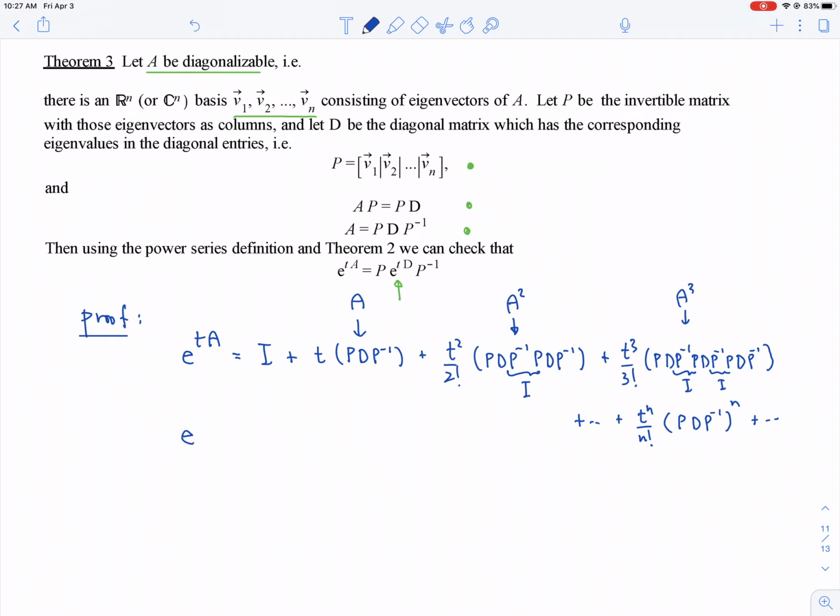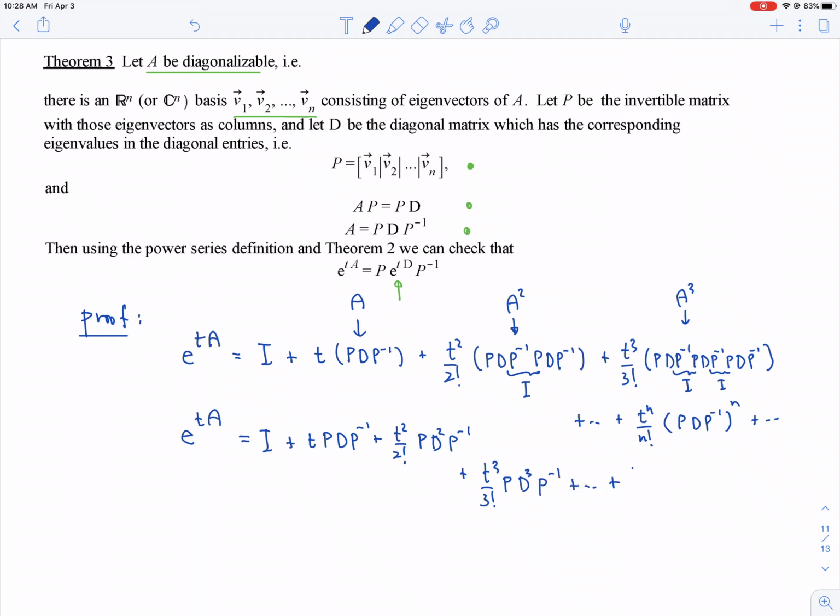And so what you get for e to the tA is the identity plus t P D P inverse plus t squared over 2 factorial, now you get a P, because the P inverse P got erased, you just get a D squared P inverse, plus t cubed over 3 factorial P, if you look at the A cubed, two identities, you just erase them, you get P D cubed P inverse.